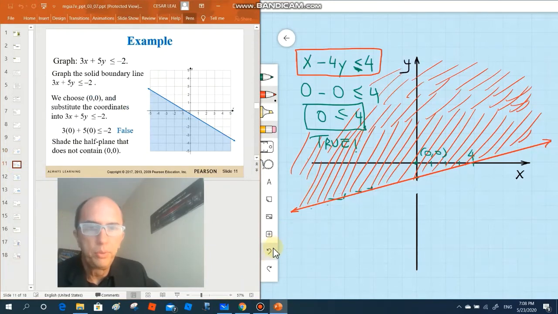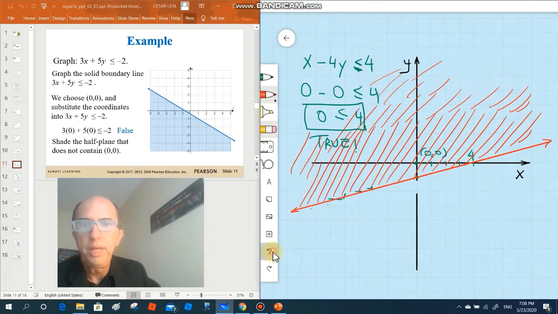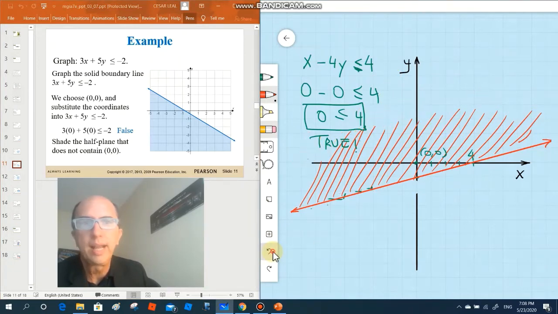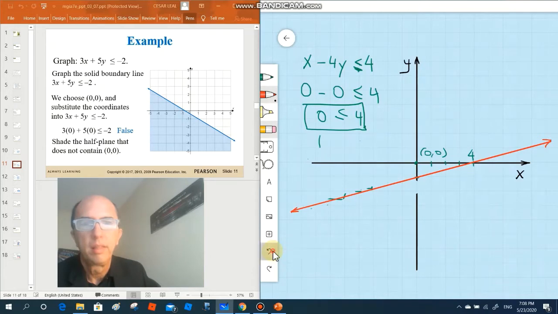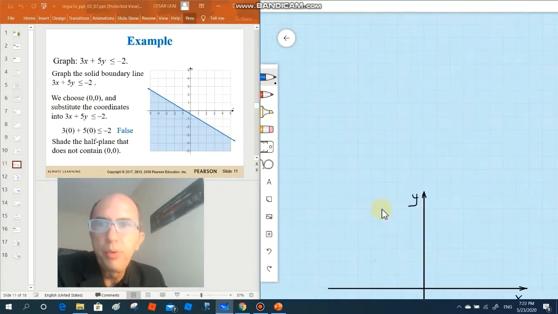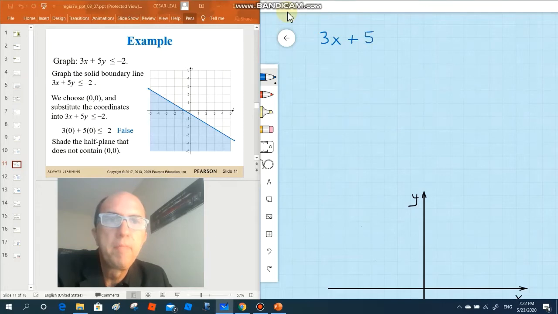Another example. 3x plus 5y is less than or equal to -2. Next example, graph the inequality 3x plus 5y is less than or equal to -2.